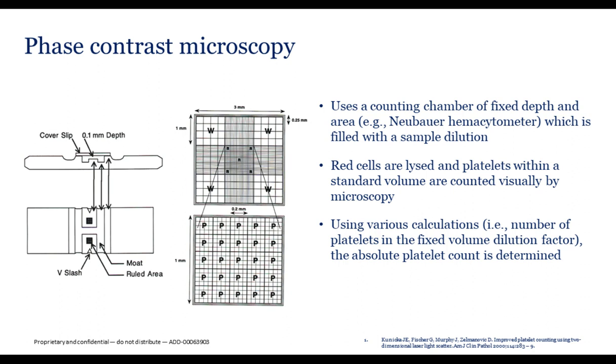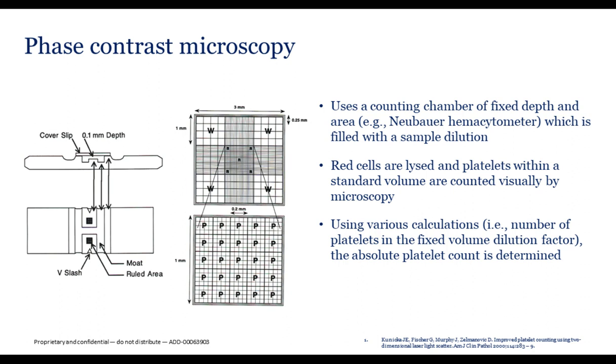Phase contrast microscopy. This was the standard reference method by the ICSH for many years, and it involves using a Neubauer chamber, which you see on the screen, and is a graduated chamber that will be filled with a sample solution. And when looking through the microscopic objective, you can see the grid lines that are in the Neubauer.